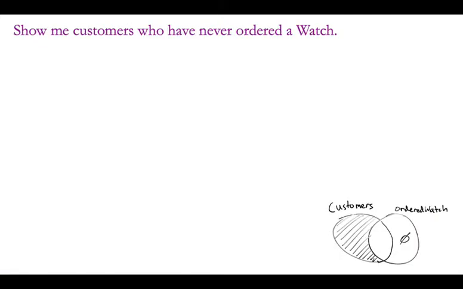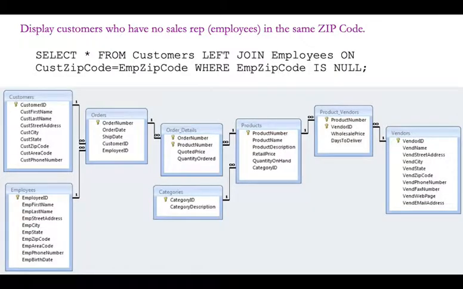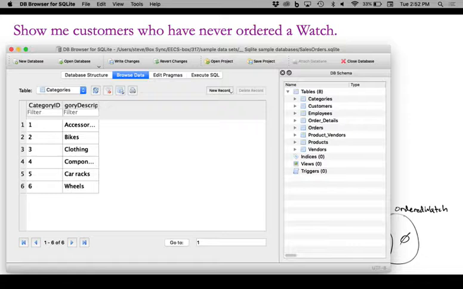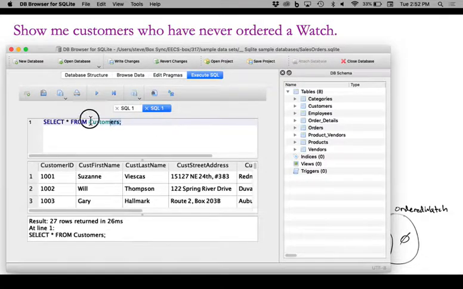So the question, remember, the question again was: show me the customers who've never ordered a watch. Let's do the opposite and print out the customers that have ordered a watch.